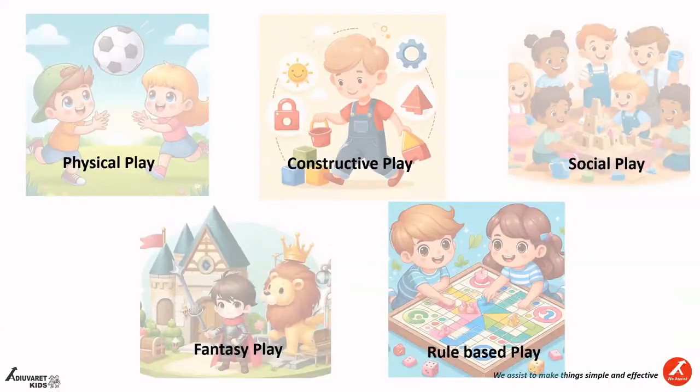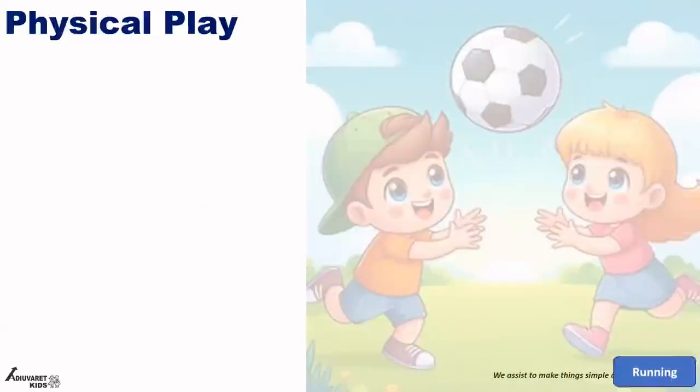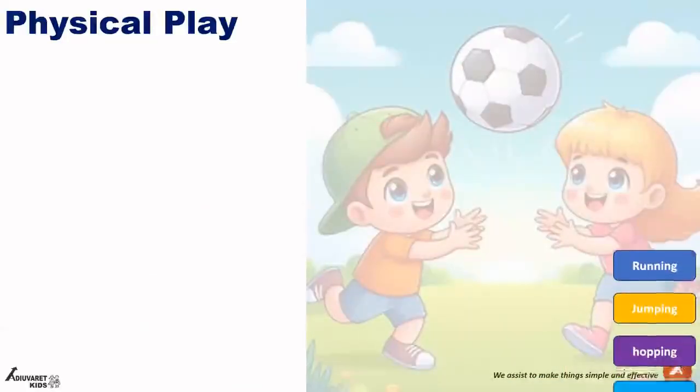Today we'll be talking about the details of these five types of play, and when and how such play or activities can be introduced in a preschool setup. For teachers and parents, it is also very important to remember such kinds of play when we try to initiate them in our children. Now, first is physical play.